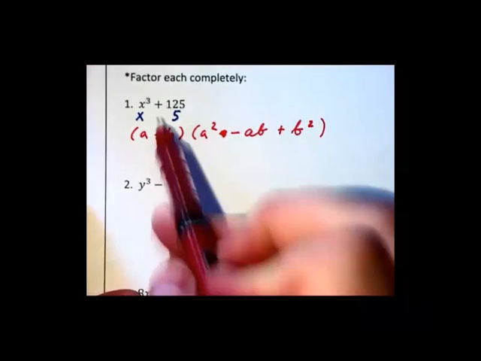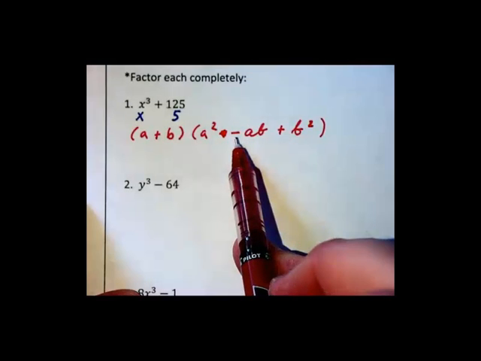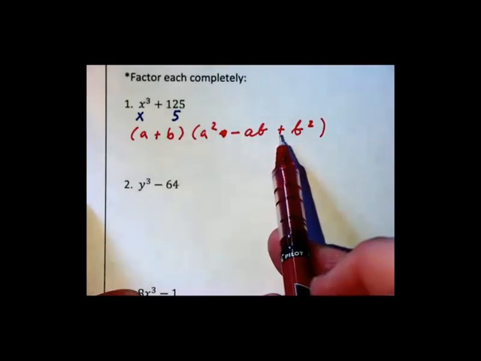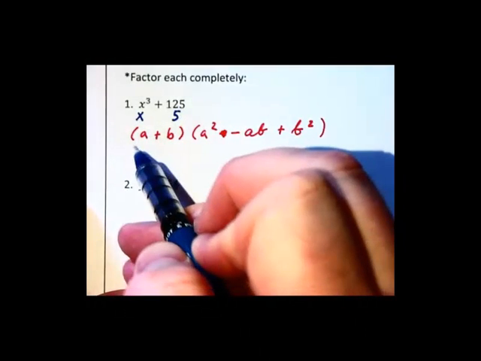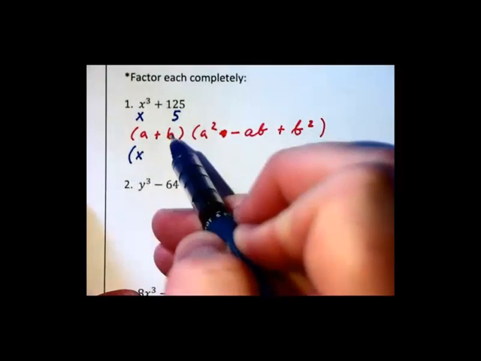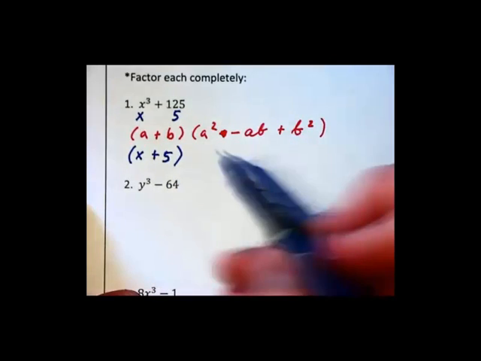Notice how I kept the same sign, then I switched to the opposite sign, and then I had always positive plus b cubed. I can now swap out the a for the x and the b for a 5, and have x plus 5 in the first parentheses.